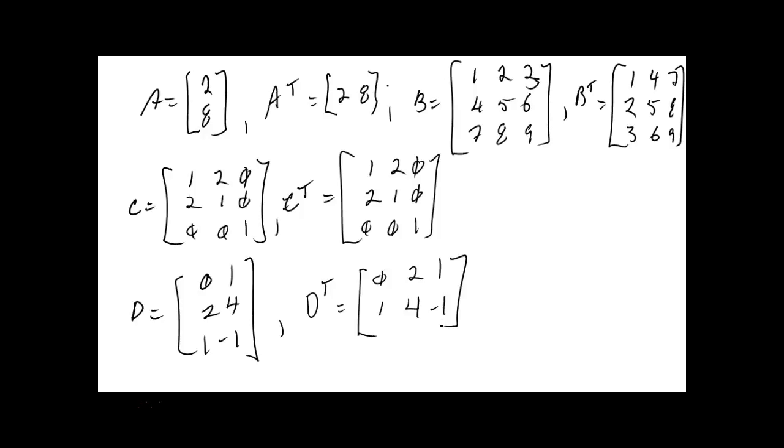Yeah, very good. Okay, let's see if they got them right in the book. They got the first one, good for them. They got the second one, even better for them. They got the third one, wow, they just copied the first one, okay. And then the D transpose they got right too. Good for them. So, that's what a transpose is.